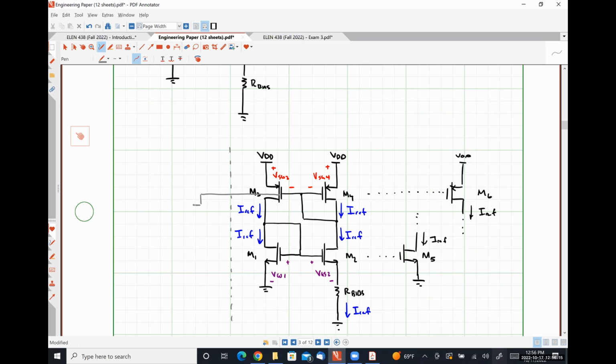So this is going to be an NMOS device. The source of this NMOS device is tied to the gate of M1, like so.